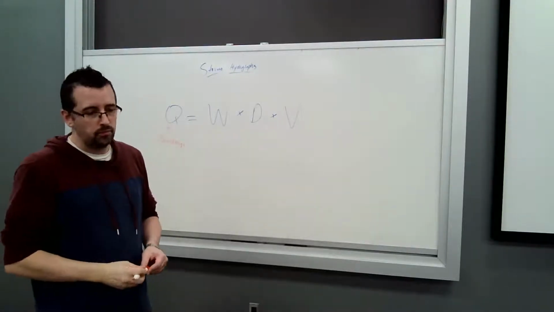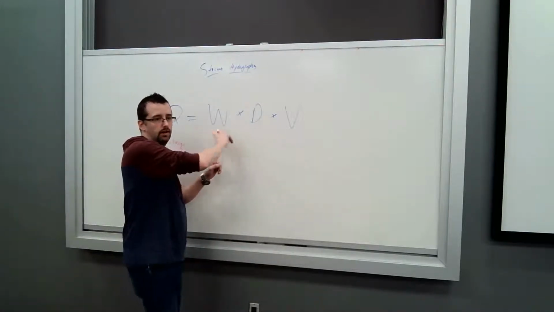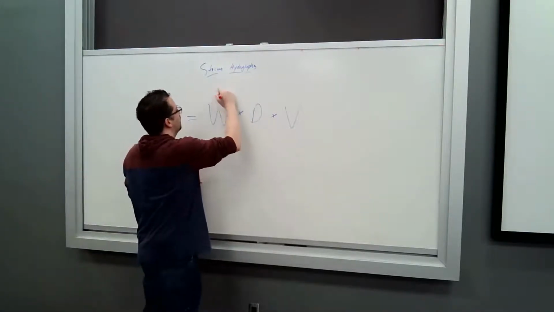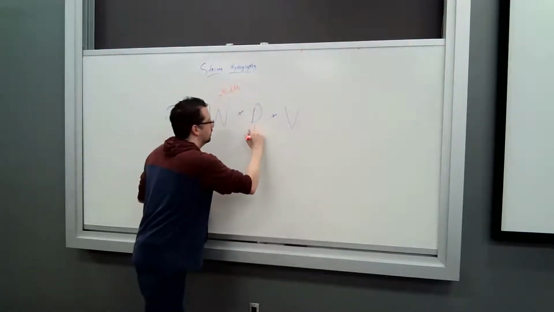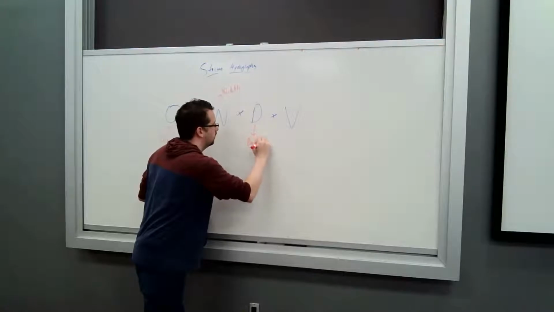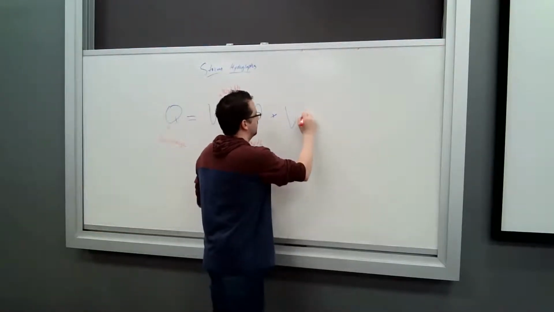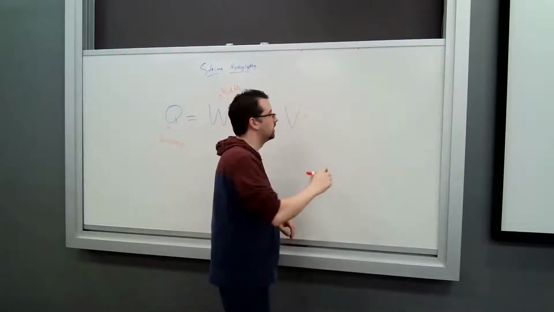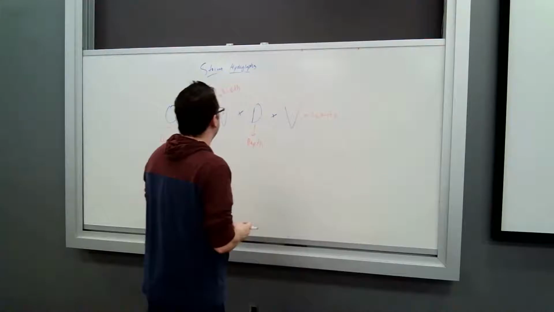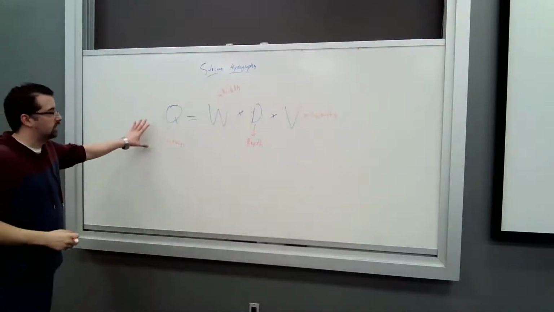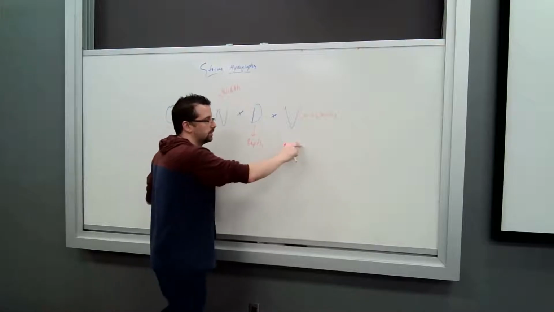And the W, the D, and the V: W is width, D is depth, V is velocity. So to calculate the discharge, you multiply the width times the depth times the velocity.